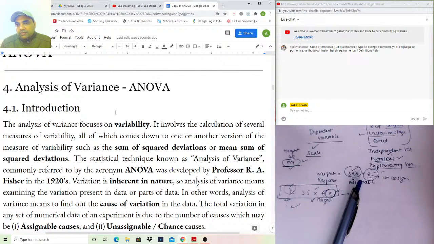Now one of the students is asking what type of questions will be asked in your examination. See, as far as the examinations are concerned, your theory exam will have conceptual questions. The numericals will not come.